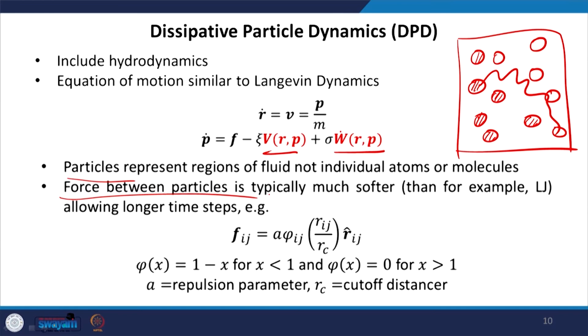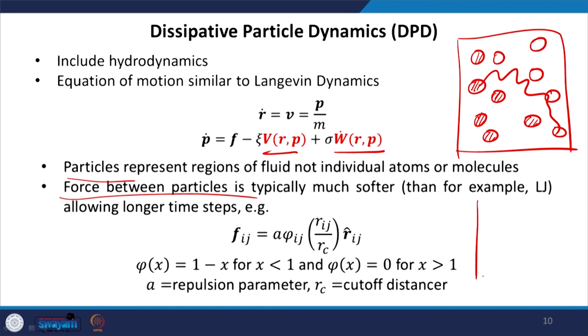So, although in principle they account for some effects like thermal fluctuations and solute interactions and so on, it does not really account for the detailed molecular resolution of these systems, and many of that is missed by assuming that the particles are not really the molecules, but regions of the fluid comprised of many molecules or atoms. The force between these particles that we define are typically much softer.